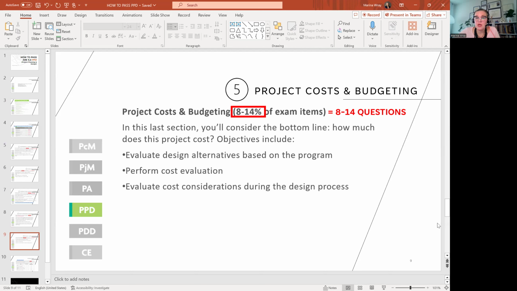For example, you can save some money on something that will not affect the scope of your project. If you specified some fancy finishing products like marble, some expensive tile, or expensive wood flooring, you can propose something less expensive, and that is not going to affect anything.